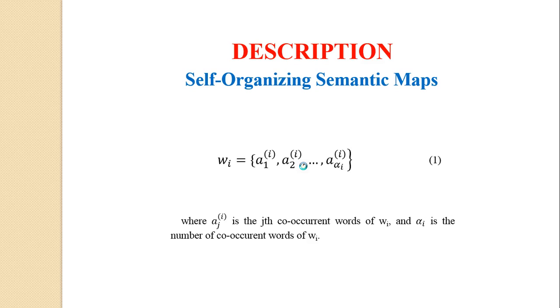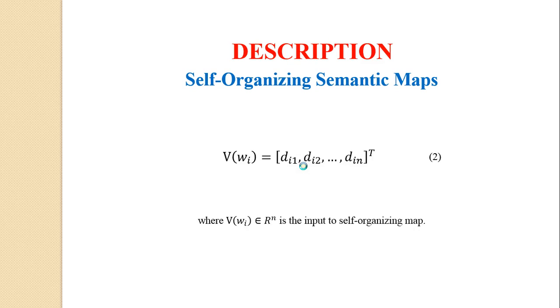Assume the set of words to be self-organized is Wi, where i is from 1 to m. Then Wi can be identified by a set of its co-occurrent words as equation 1. Assume that D is a correlation matrix and the element Dij of D is the word similarity between words Wi and Wj.